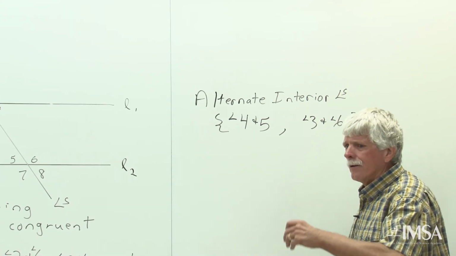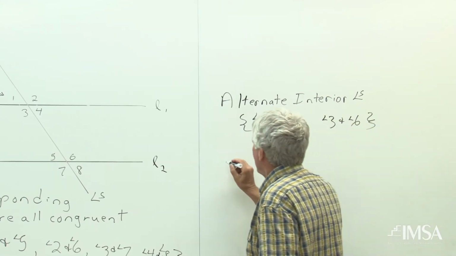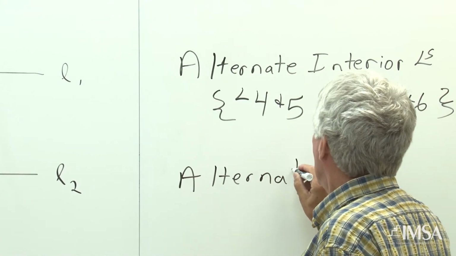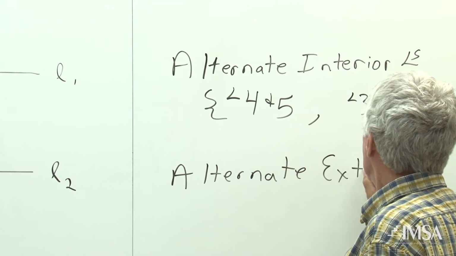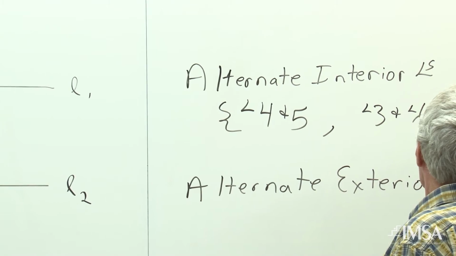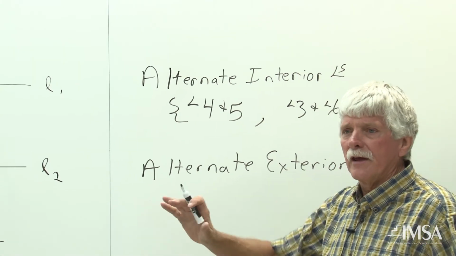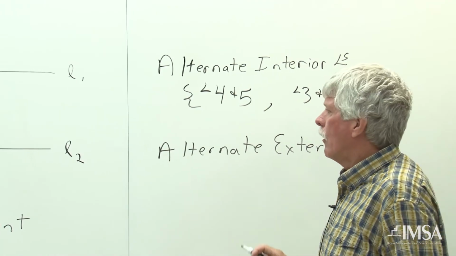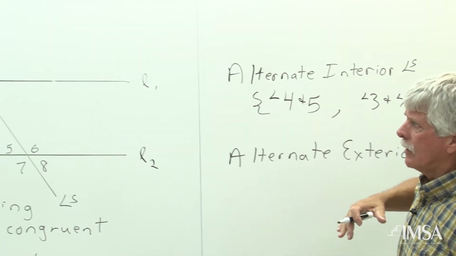Another set, alternate exterior angles. Should be easy to figure out what those are. Of course, they are on the opposite sides of the transversal, and they are on the outside of the parallel lines.